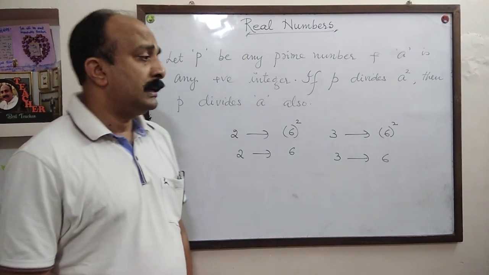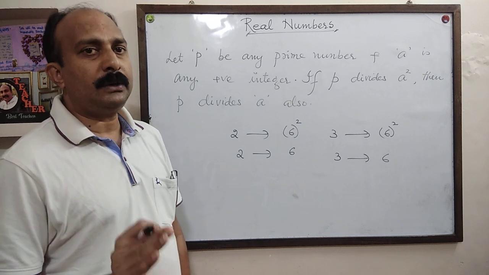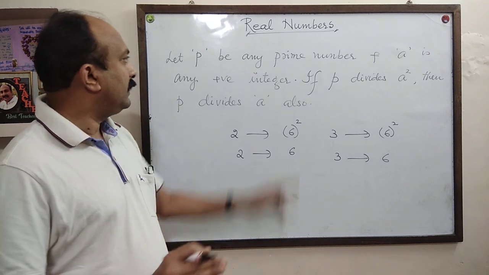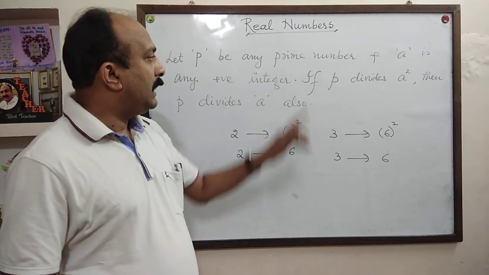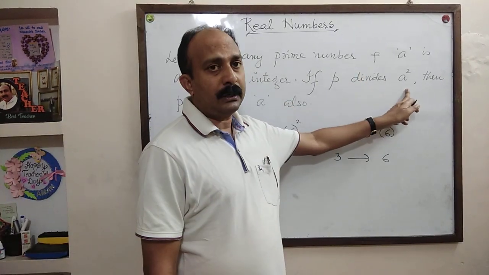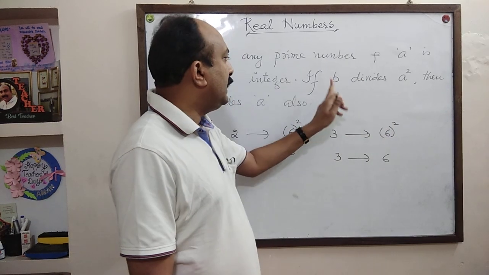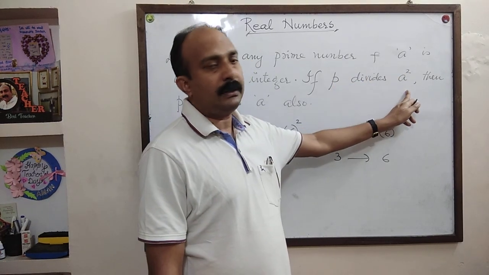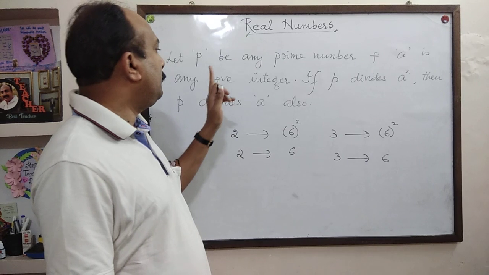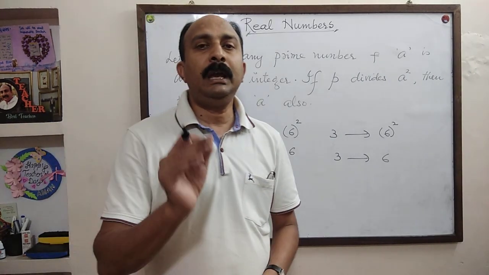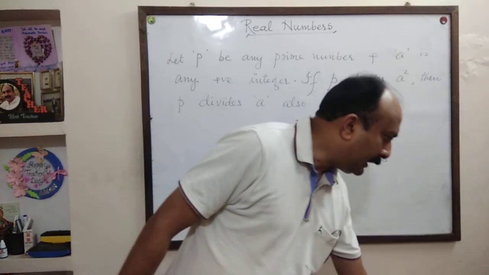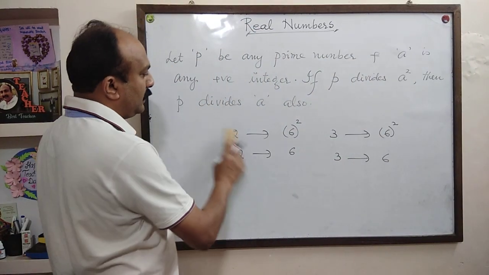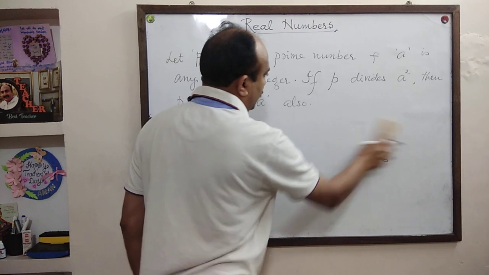In this way, if you take any example and check, you can see if P is a prime number and A is a positive integer, and if P divides A square, or in other words if P is a factor of A square, then P is a factor of A also.